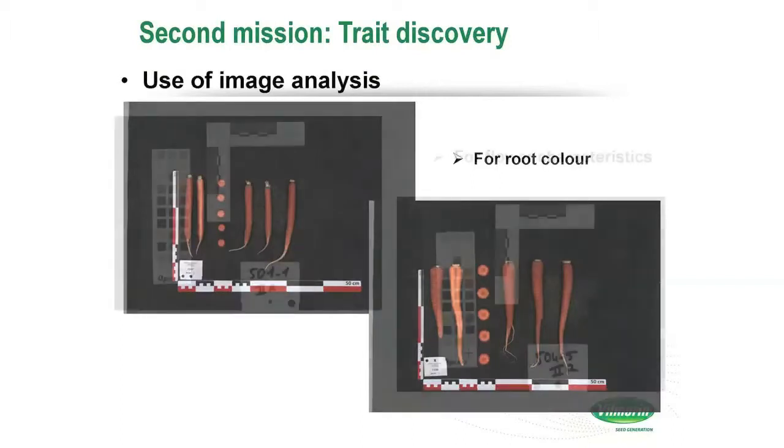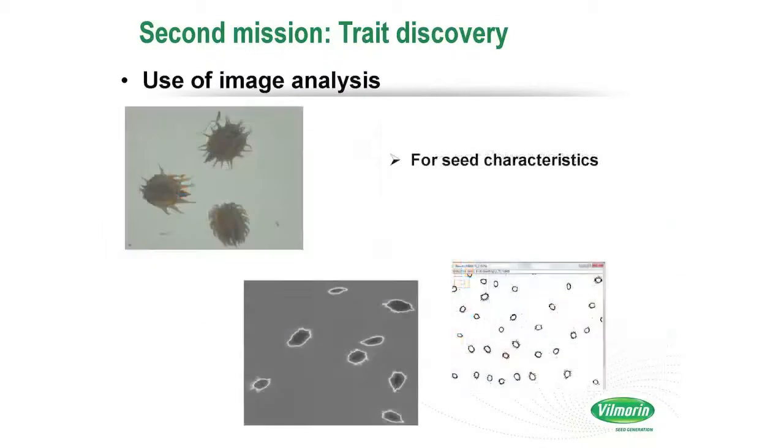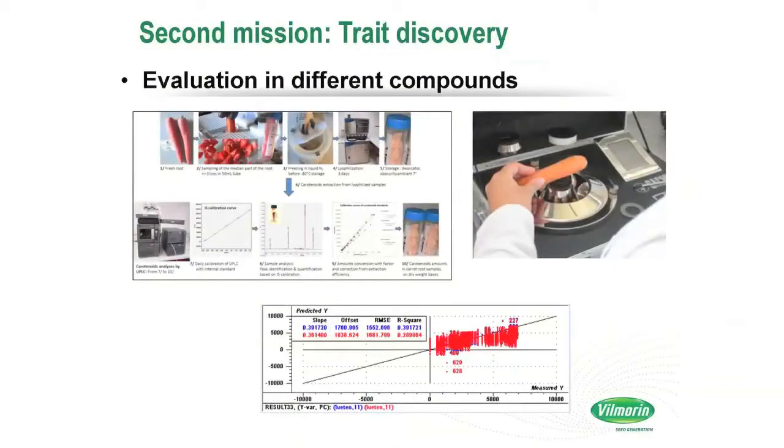We also have some pilots for characterizing flower characteristics, and we also try to use it for seed characteristics. As I mentioned earlier, we also try to have some biochemical characterizations, either direct biochemistry using HPLC, for instance, or indirect measurements using NIR techniques.